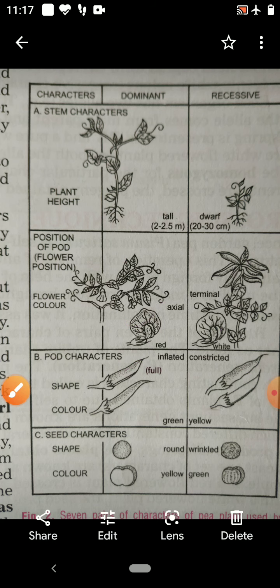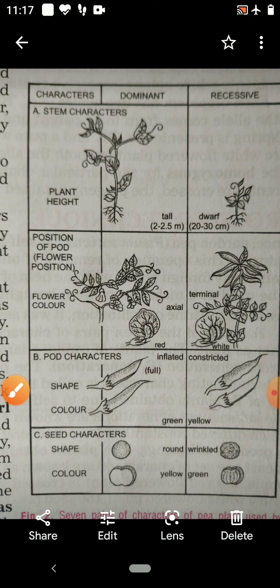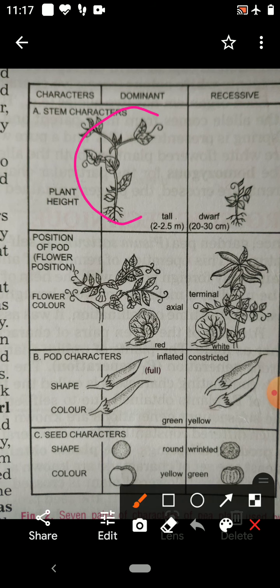So how did he find out which one is the dominant and which one is recessive? When he made a cross between the pure tall plant and pure dwarf plant, in the first generation, the character of the plants which were produced is called dominant. So when Gregor John Mendel made the cross between the pure tall and pure dwarf, in the first generation, all tall plants were produced.